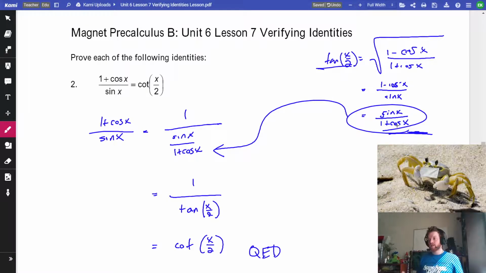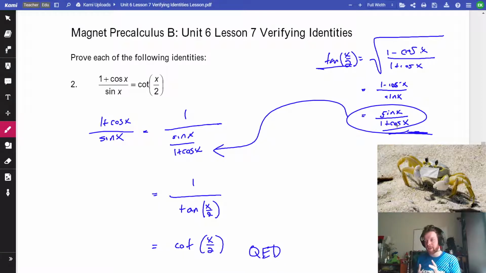1 plus cosine x over sine x. That looks like a tangent identity, the tangent half angle identity, and it is reciprocated. So I reciprocated it. I subbed in one of my identities. And if you forgot sine x over 1 plus cosine x is one of your identities, then you could have just reproven it. It's a little bit annoying, so maybe memorizing it is worth it. But knowing where it comes from is crucial.